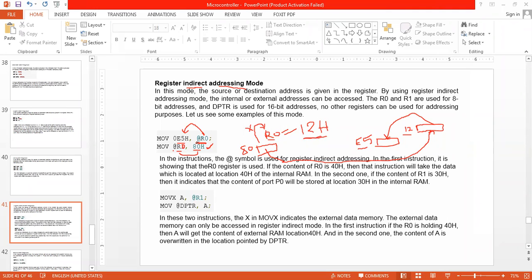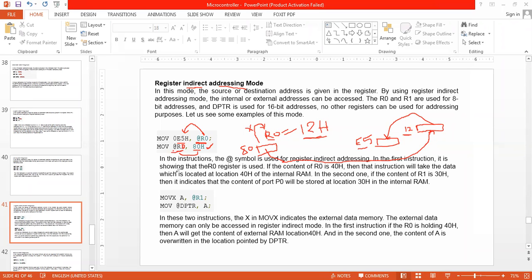But because I am writing at, this value is not considered as data. It is considered as an address. That is the main important thing here. So A is not going to be stored into R0, but whatever R0 is there, that data is considered as an address here.